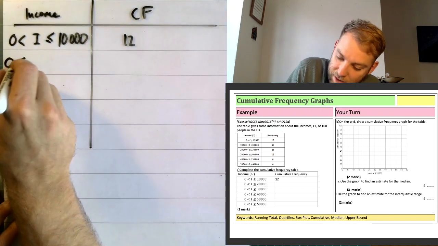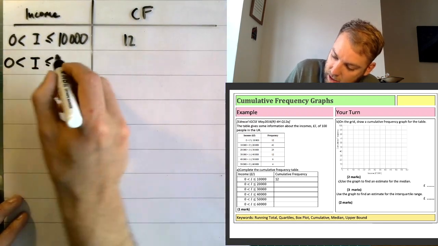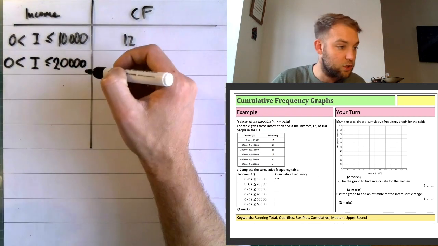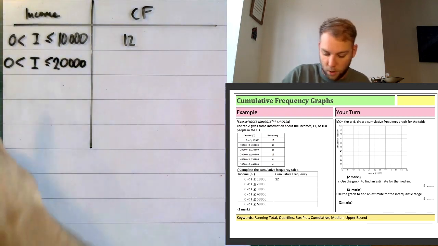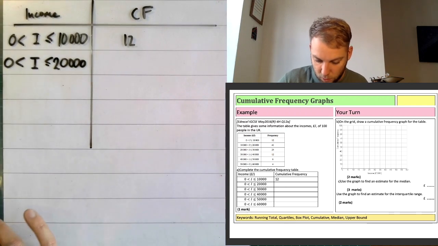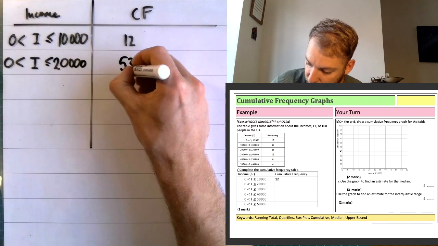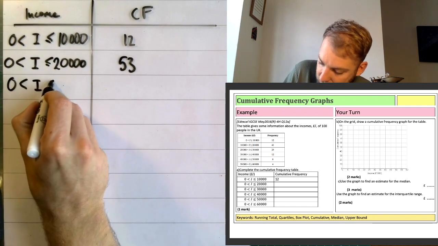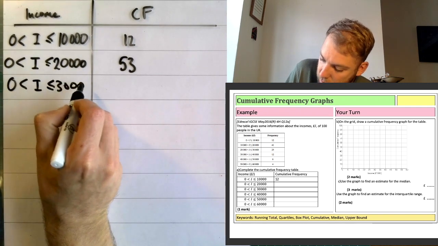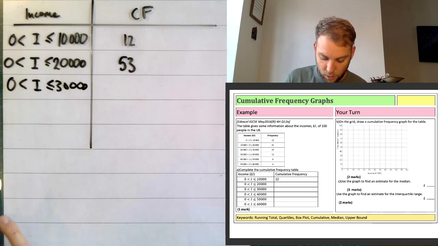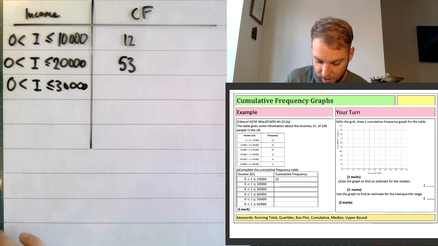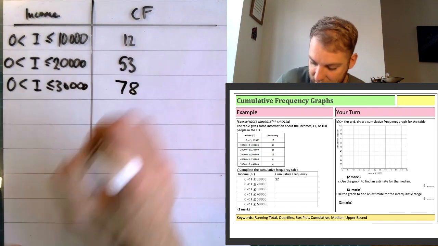So between 0 and 20,000 is going to be the first two together. So 12 plus 41, which is equal to 53. Between 0 and 30,000 is going to be 12 plus 41 plus 25, which in this case is 78.